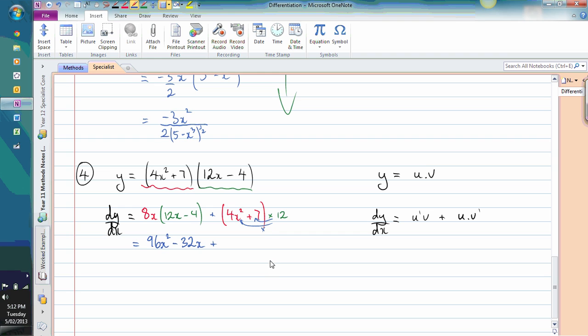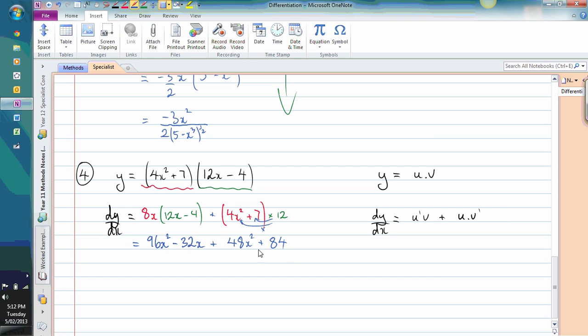So 12 times 4x squared is going to be 48x squared, and 12 times 7 is going to be 84.